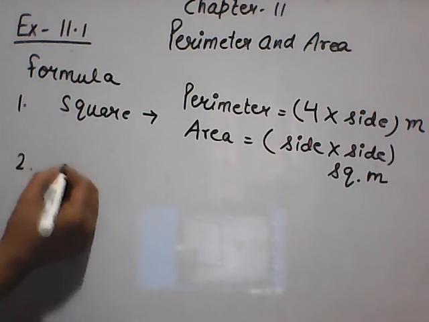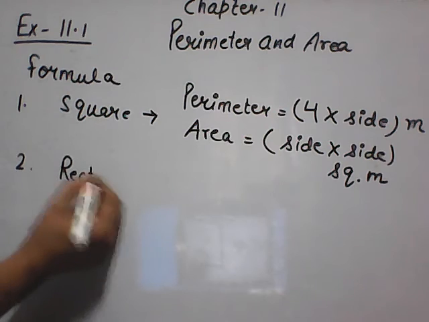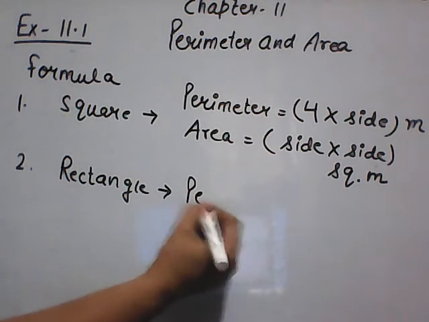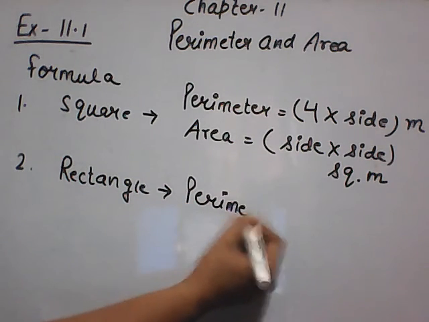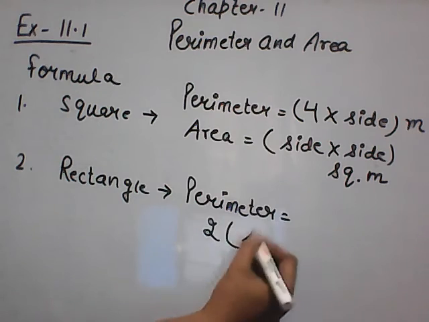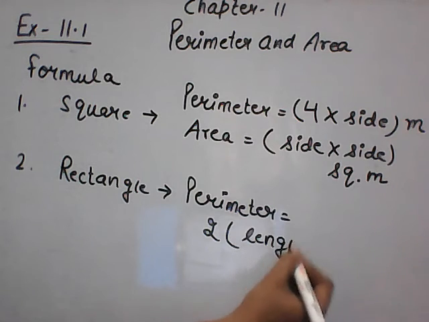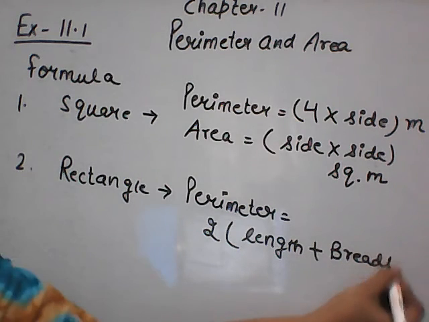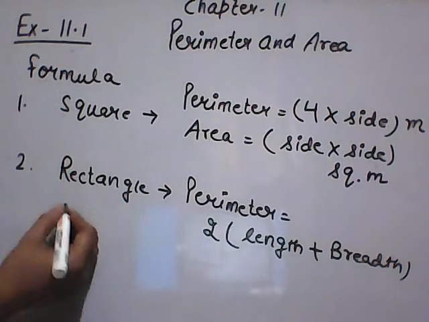Next figure is rectangle. Now, formula for finding perimeter of a rectangle is 2 multiplied by length plus breadth. For example, it is a rectangle.